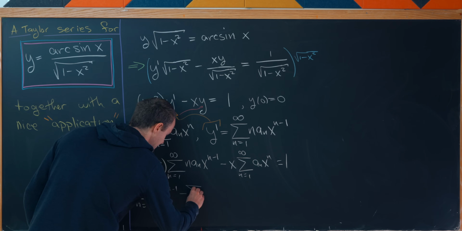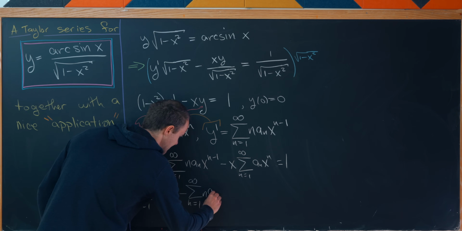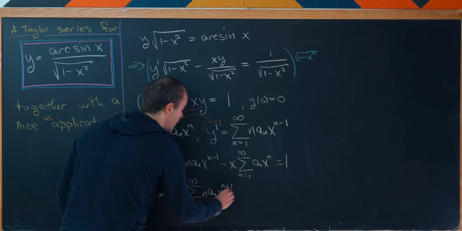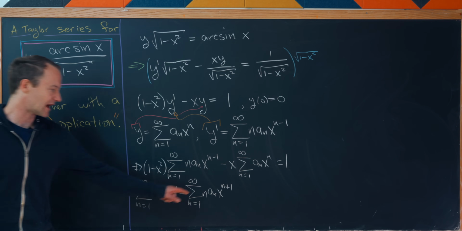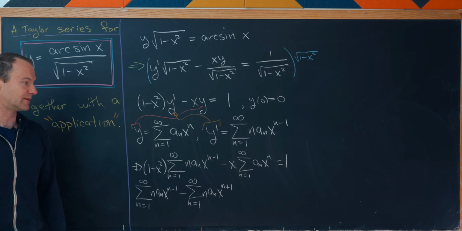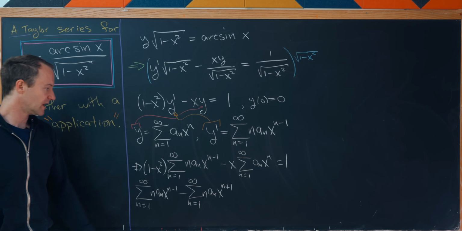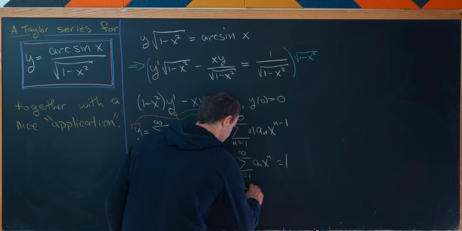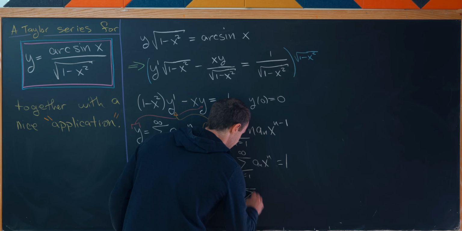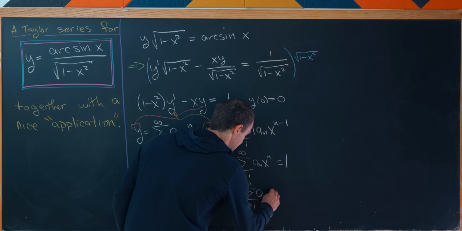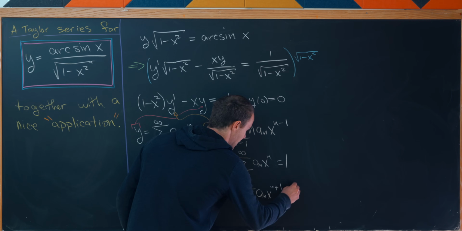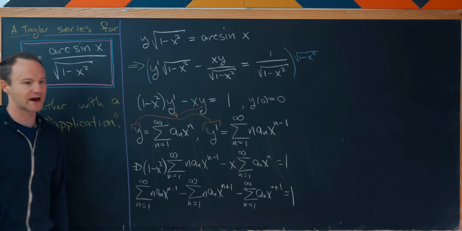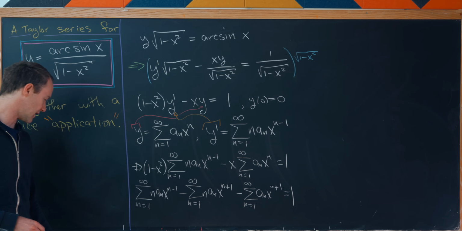And then we'll have minus the sum as n goes from 1 to infinity of n times a sub n times x to the n plus 1. So now that's n plus 1 because we multiplied by x squared. And then likewise, moving this x in here gives us the sum as n goes from 1 to infinity of a sub n x to the n plus 1. And then we have 1 left over on the right-hand side. There's not really much going on there.